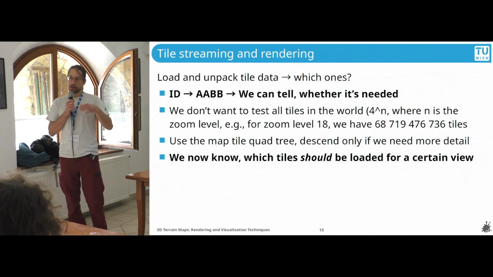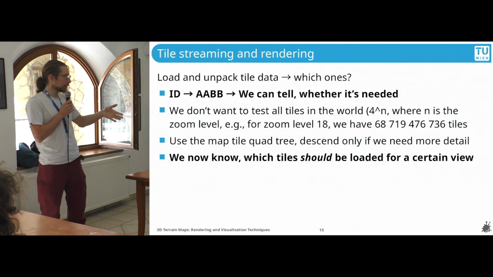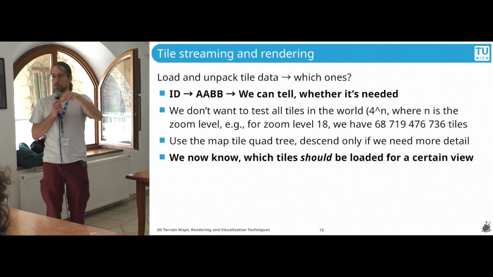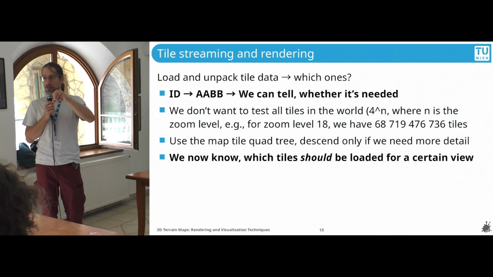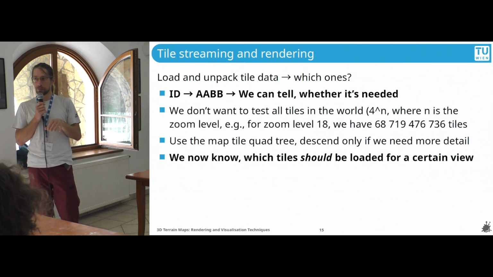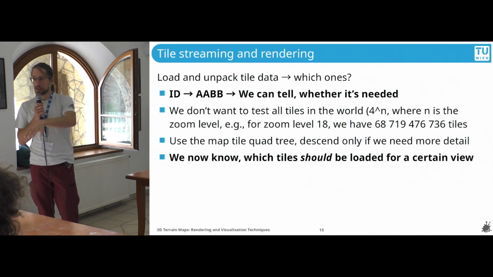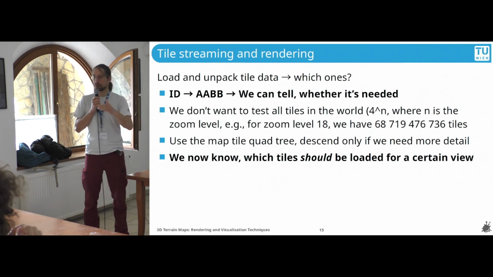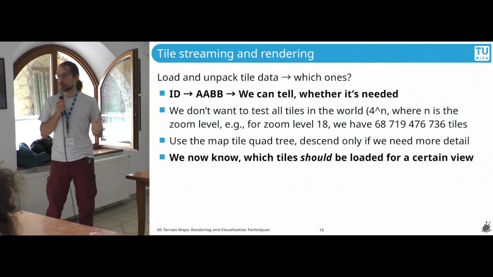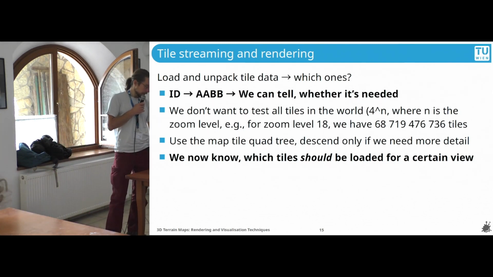So what we do is to go through the quad tree of the tiling system, and in each node we do this test, and we check whether this node is already detailed enough. If it is, we are good. If it's not, then we descend in this node. And with this algorithm, we can generate a list of required tiles for an arbitrary camera position.